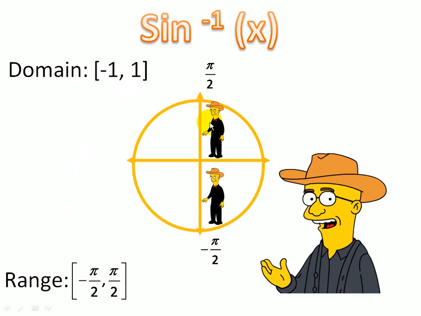In other words, whenever you put in a number between negative 1 and 1 as the input, the output for inverse sine is always going to be in quadrant 1 or 4, ranging between negative pi over 2 and pi over 2. So that's something we want to keep in mind: inverse sine will only output values between negative pi over 2 and pi over 2.